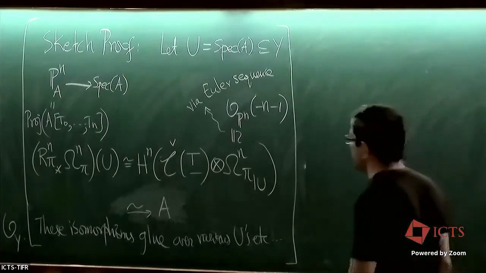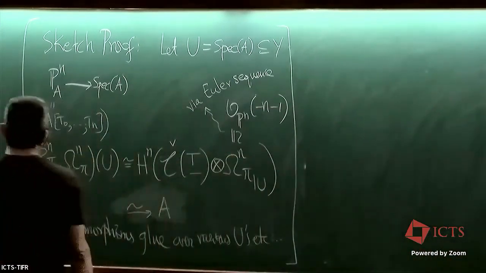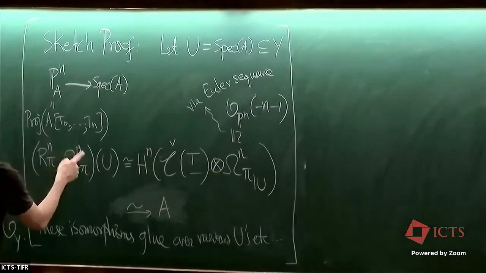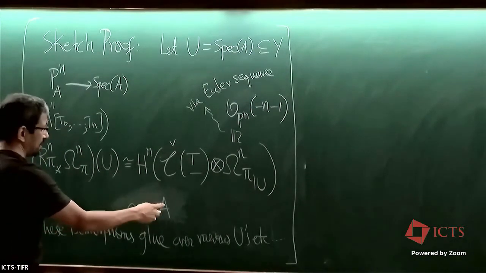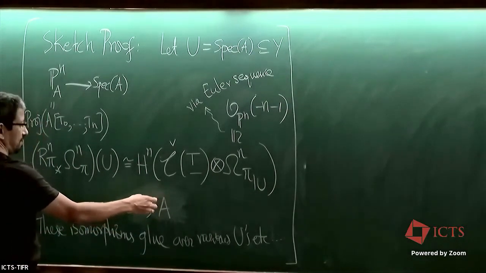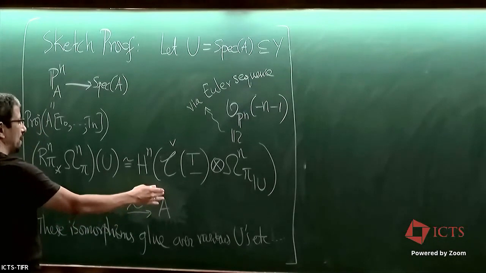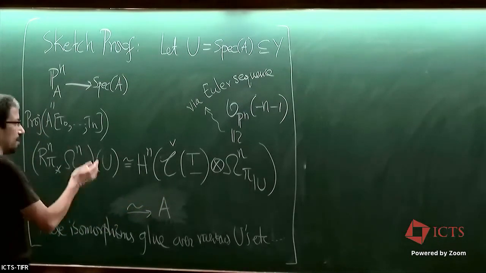One is that if you look at this isomorphism going from this module to this one A here, this is the A-module A. So the element 1 corresponds to a particular element here.